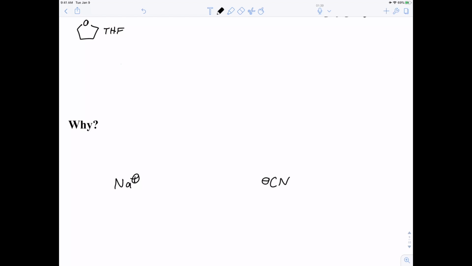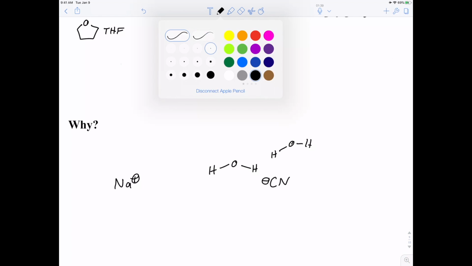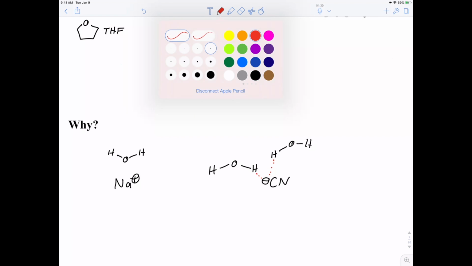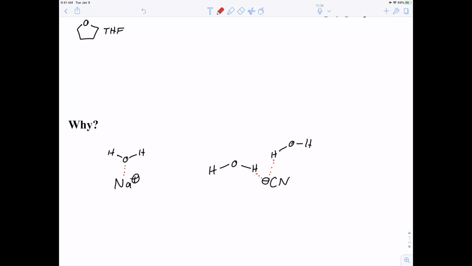If we solubilize too strongly, like you do for, let's say, I'll just draw water here. With polar protic solvents, they're going to be attracted really strongly to these charged species, right? So we'll draw some on the cyanide, and here's some on the sodium. These interactions with those charged species are going to be really strong in polar protic solvents.